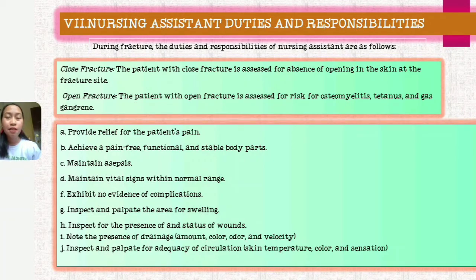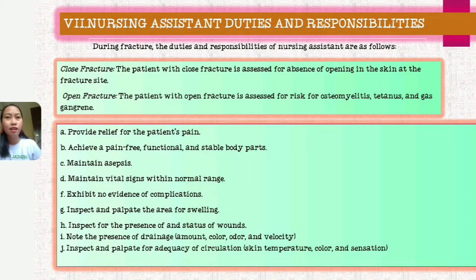And next is maintain asepsis. Asepsis means avoiding microorganisms or bacteria that can cause swelling or any pain to the patient, so we should avoid them. Maintain vital signs within normal range.